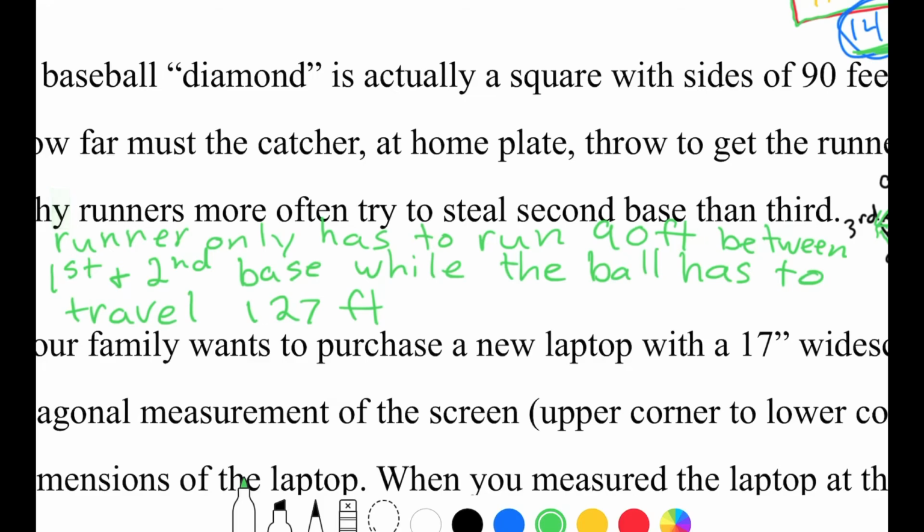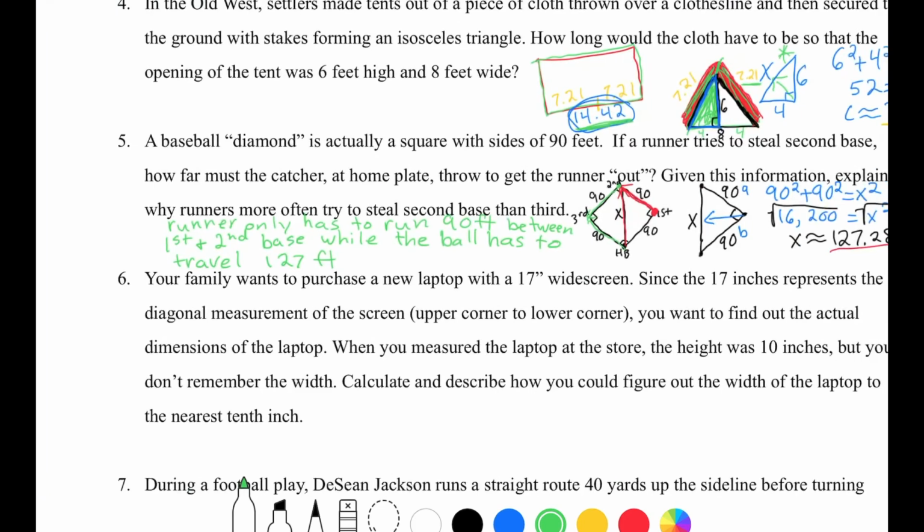So that is why mathematically baseball and softball steal second base versus third more often.